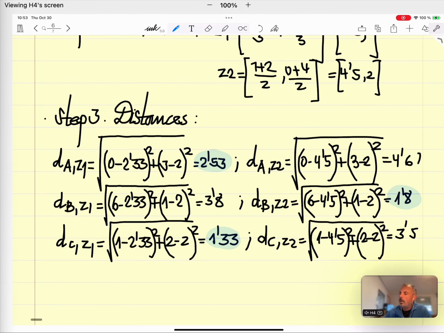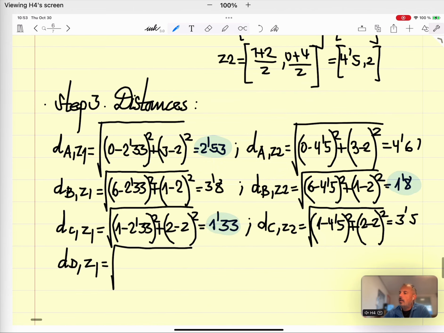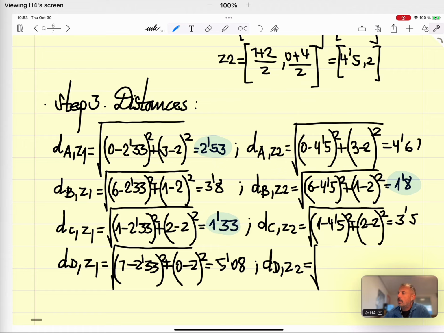Then we go with D. Then we have 7 minus 2.33 squared plus 0 minus 2 squared. This delivers 5.08. And the distance between D and Z2 is 7 minus 4.5 squared plus 0 minus 2 squared, 3.2.